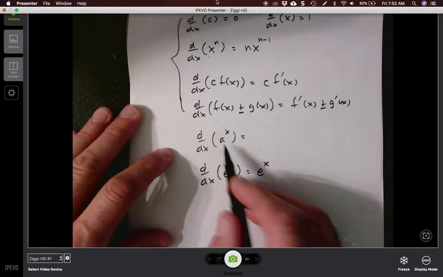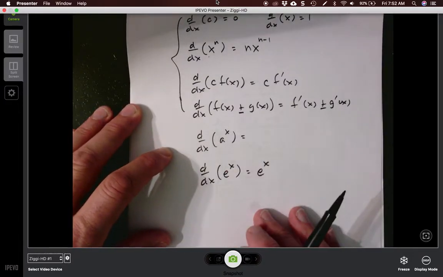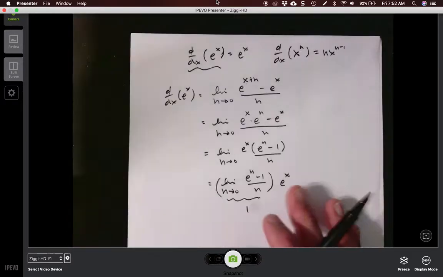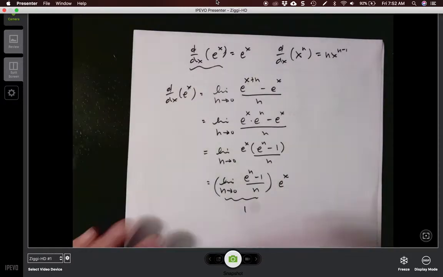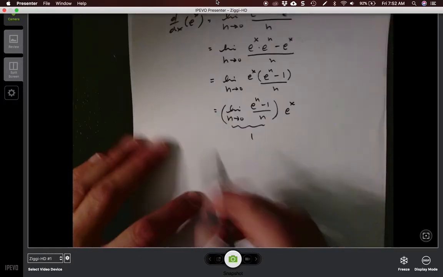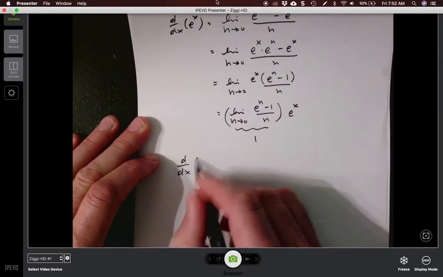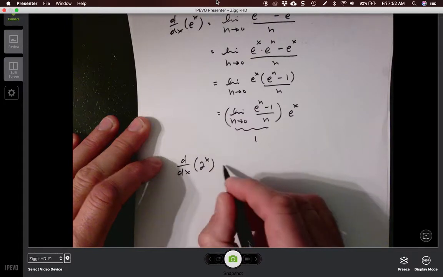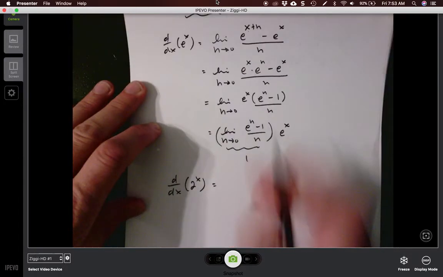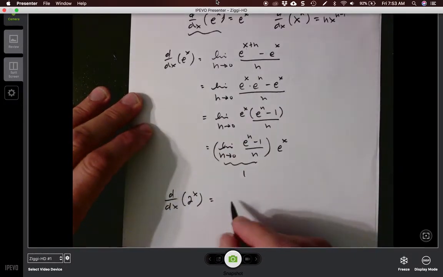Then I want to look at what happens if we have something else raised to the x power. Like what happens if we wanted to take the derivative of 2 to the x? If we follow through what we did with e to the x, we're going to do the same thing with 2.